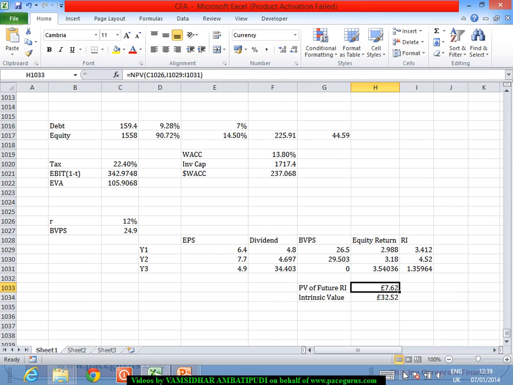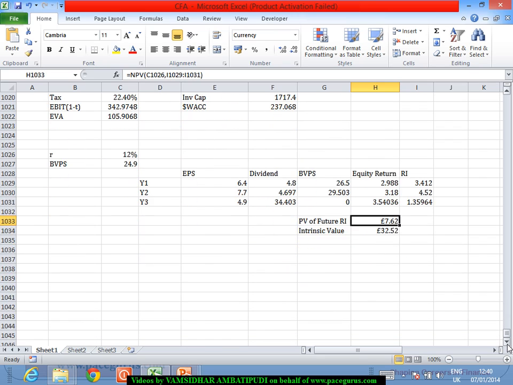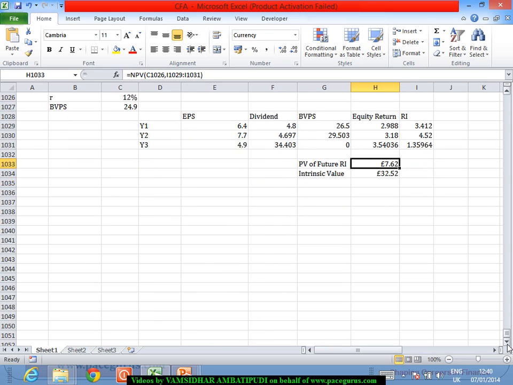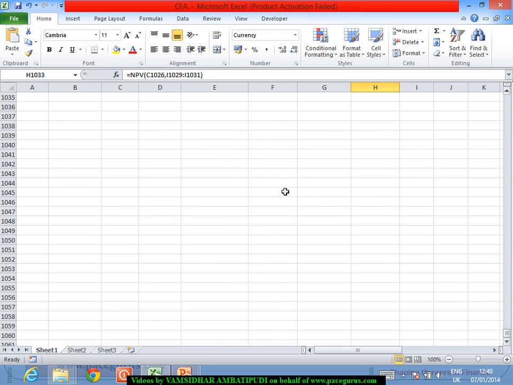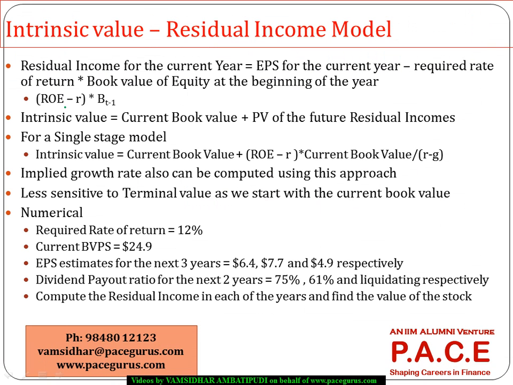So that is where we say it's not that heavily impacted by the terminal value kind of a concept. So this is what goes into the determination of intrinsic value, especially when we are thinking of the business getting wound up at the end of 3 years or 4 years.